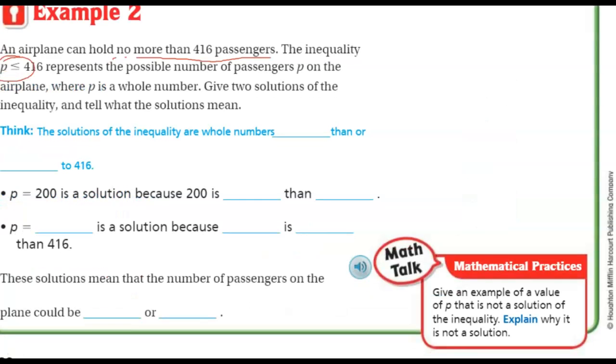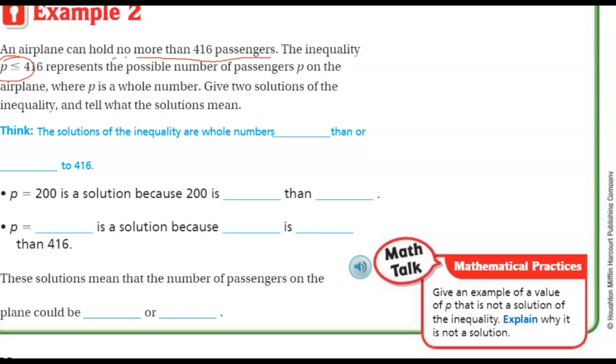Example, an airplane can hold no more than 416 passengers. The inequality p is less than or equal to 416 represents the possible numbers of passengers p on the airplane, where p is a whole number. Give two solutions of the inequality. Tell what the solutions mean.